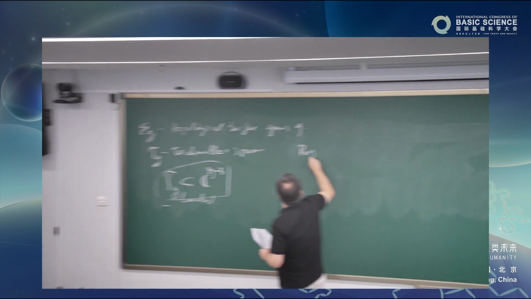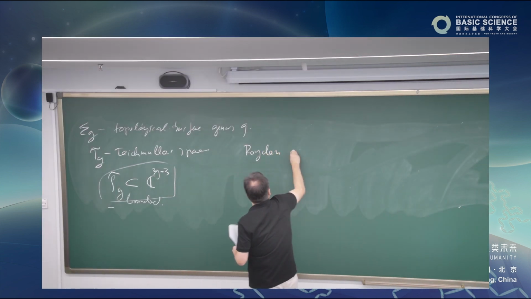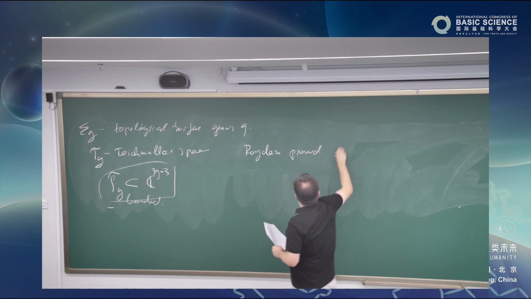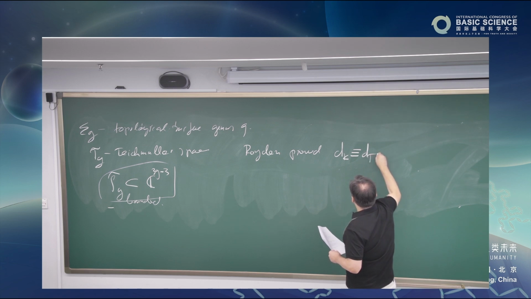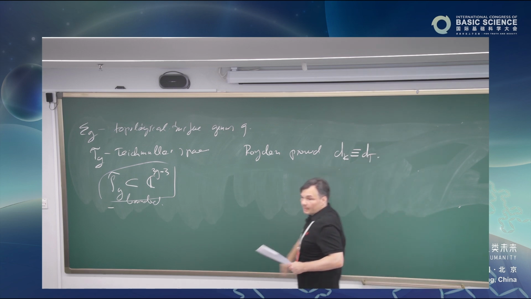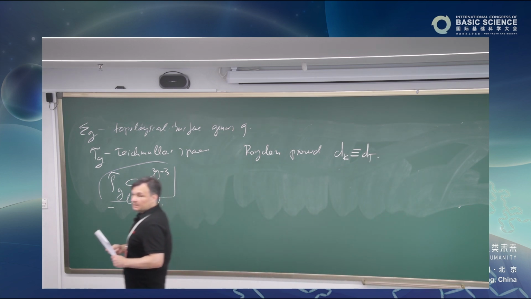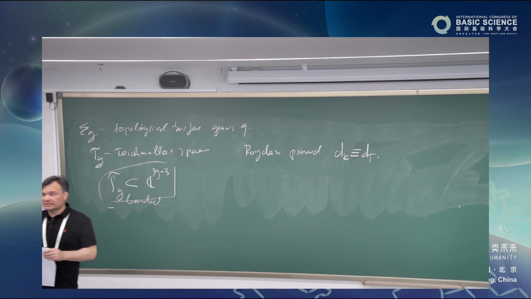So Royden proved that the Kobayashi metric on the Teichmüller space is identical to the Teichmüller metric. And that is actually one of the theorems that kick-started this field in the 60s.